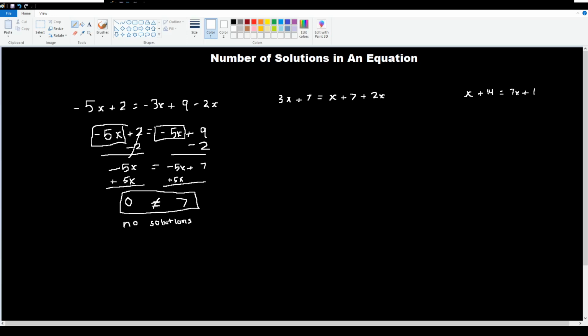So that's a shortcut you can use to get the no solutions answer from the beginning rather than doing the entire equation.